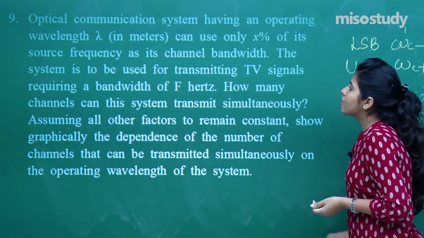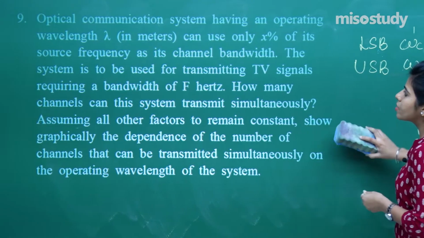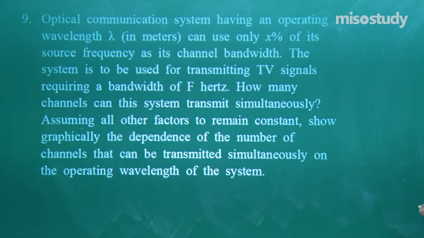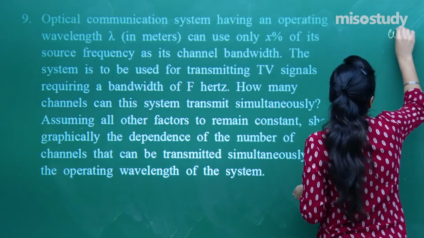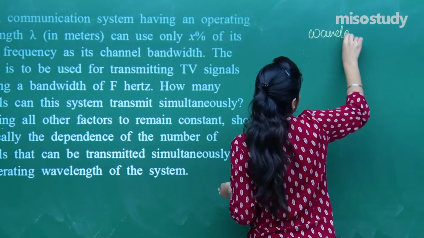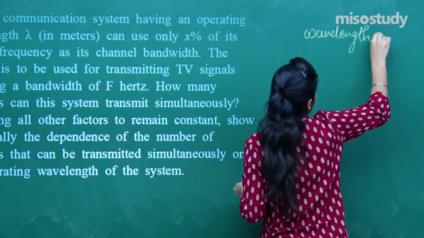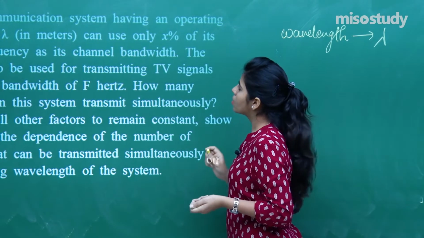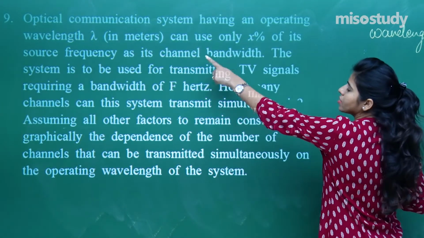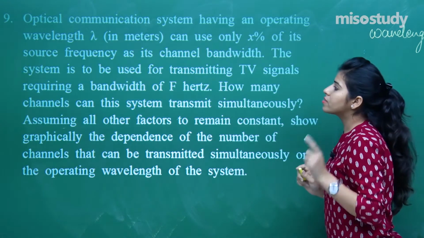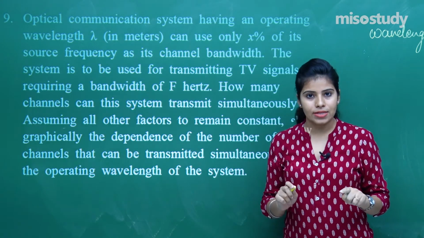The optical communication system having an operating wavelength lambda in meters. So we have been given the wavelength lambda. So let me start writing the specifications given. Wavelength has been given as lambda, in meters, can use only X% of the source frequency.